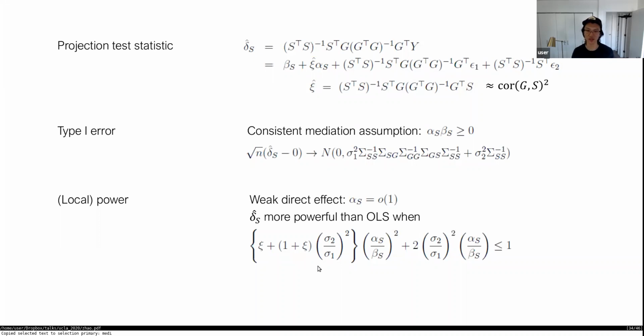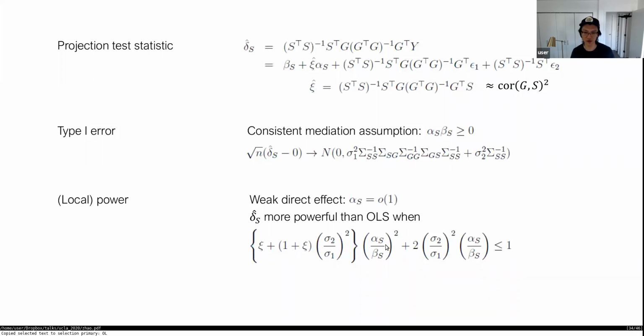It's still kind of complicated, but basically, if the residual variance of Y on G is large, this test statistic will have power. If the direct effect is small, this test statistic will have higher power. So in general, we can't really gain power if you have a direct effect.